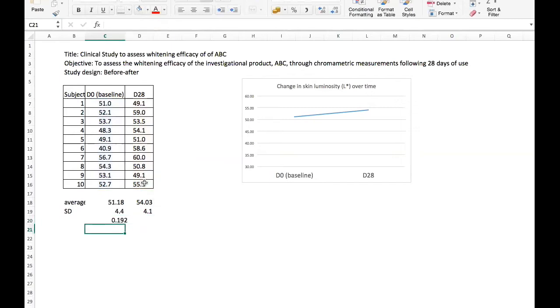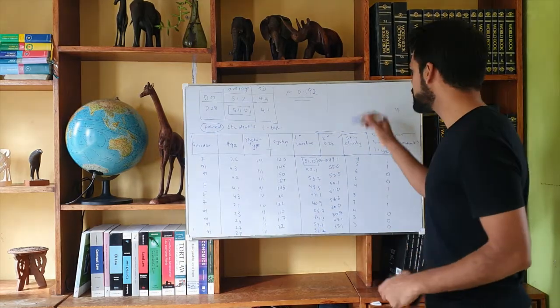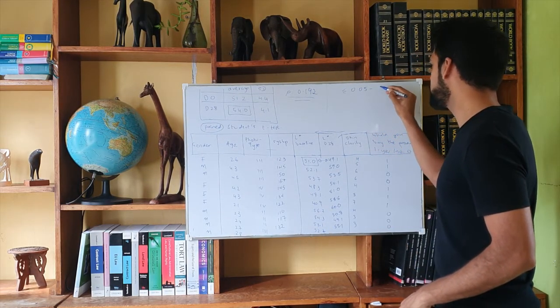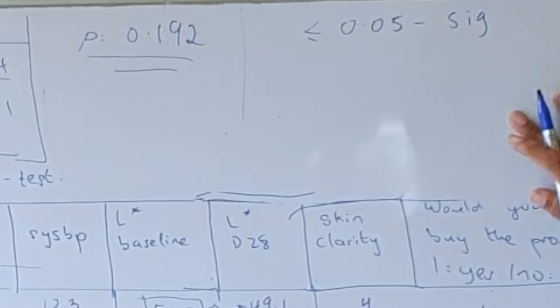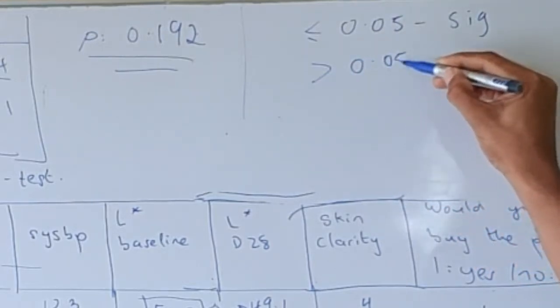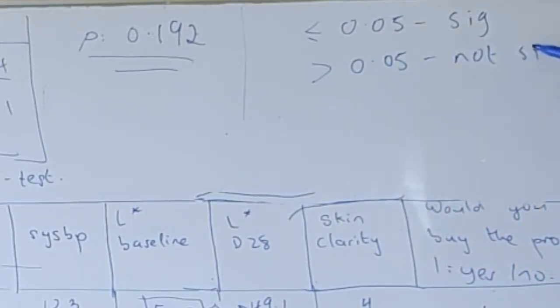Close, and that's it. My p-value is not statistically significant, right? Because it's bigger than 0.05. So what we know already is that when the p-value is less than or equal to 0.05, we tend to say the difference is statistically significant, and greater than 0.05, we say not significant.